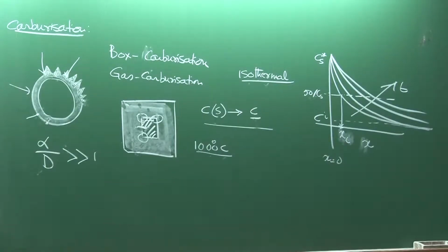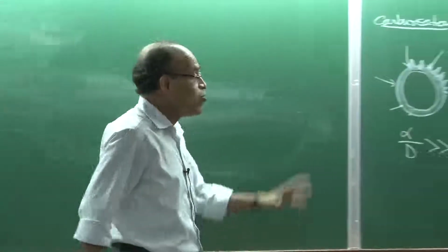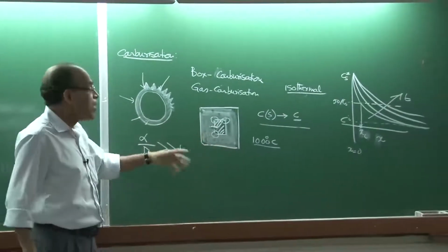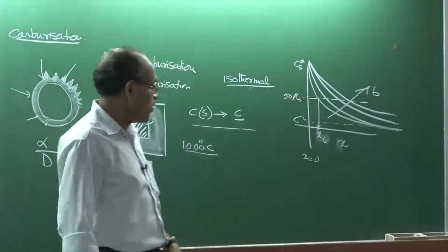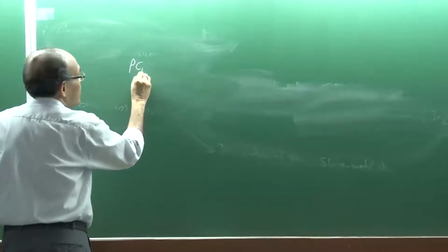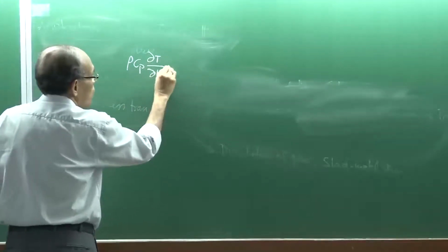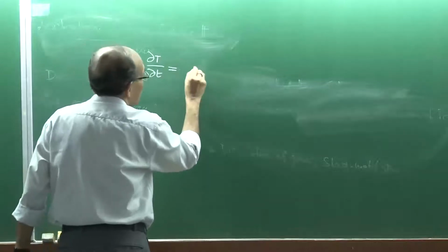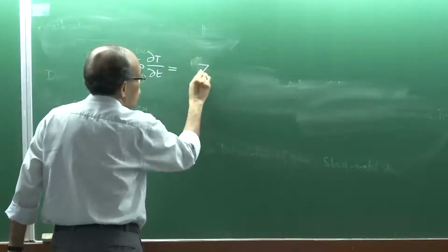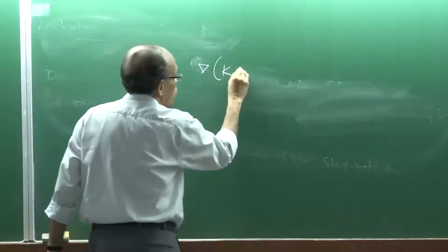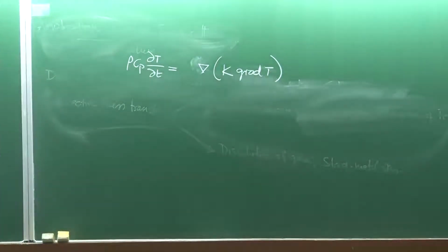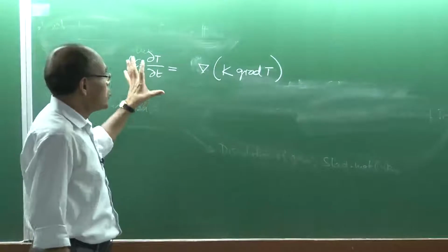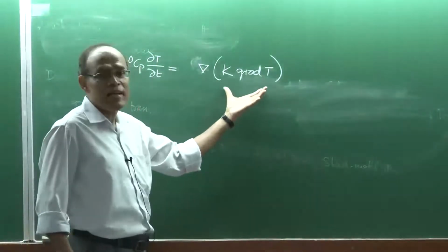If you want to solve the problem exactly, then you cannot apply the error function solution, right? But these curves can be obtained by solving the diffusion equation. So, for example, for an exact geometry, we'll write the three-dimensional heat and mass transfer equation, with no source, etc. You have the x direction, y direction, and z direction.